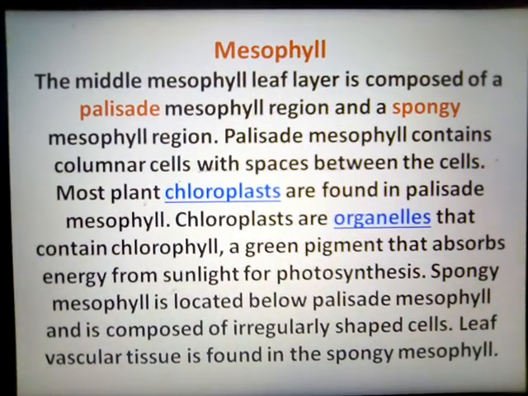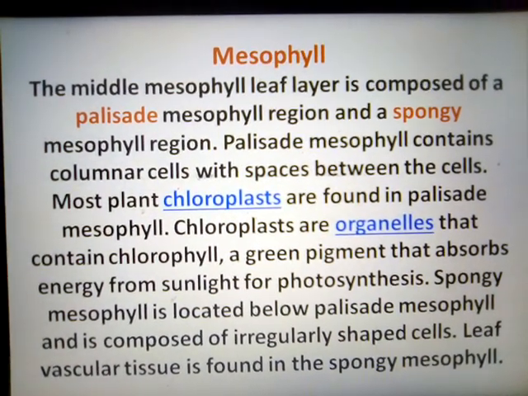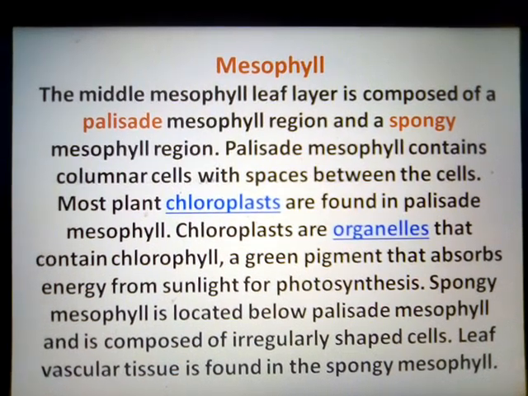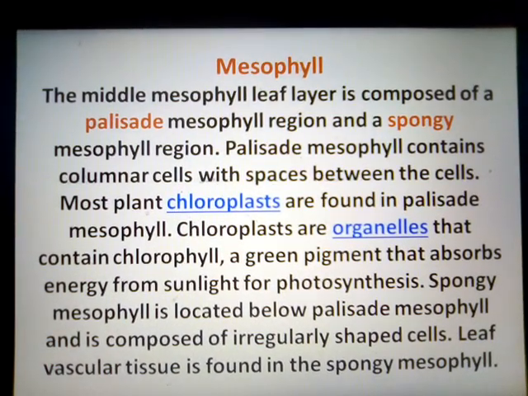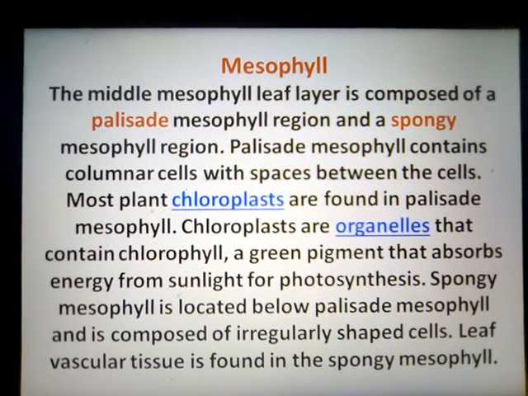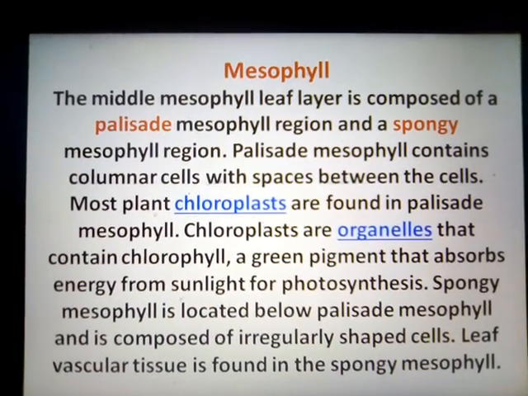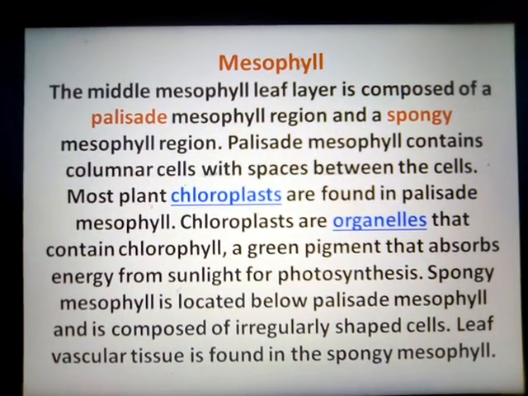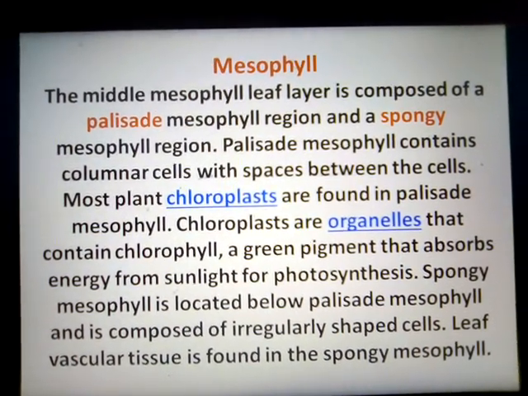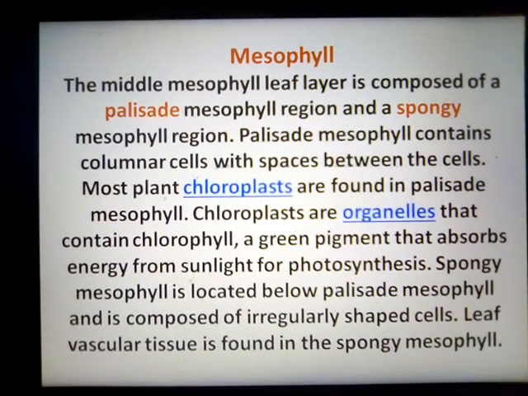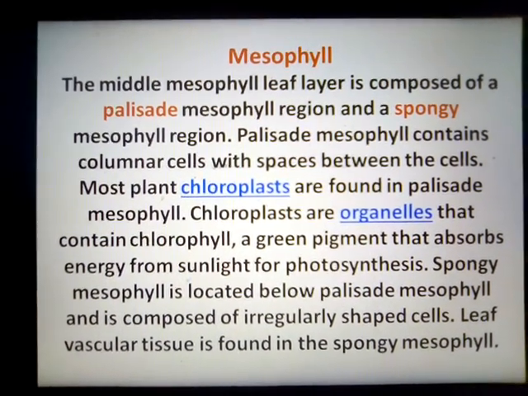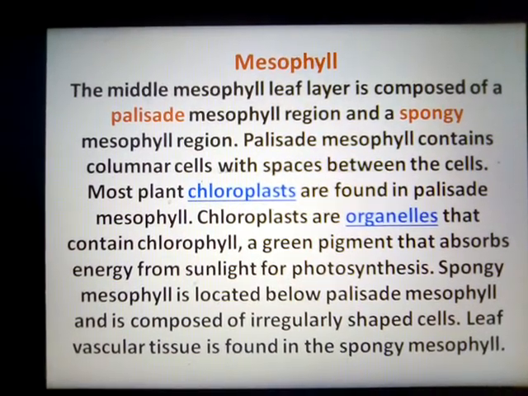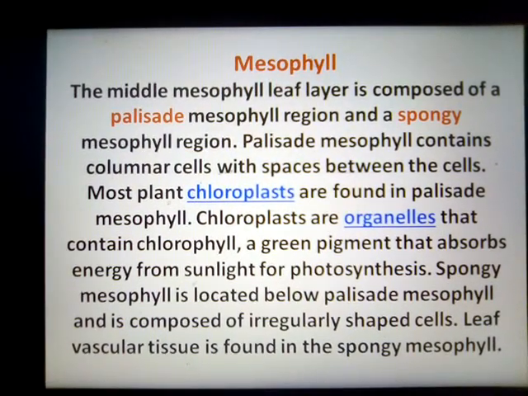The mesophyll layer. The middle mesophyll leaf layer is composed of a palisade mesophyll region and a spongy mesophyll region. Palisade mesophyll contains columnar cells with spaces between the cells.